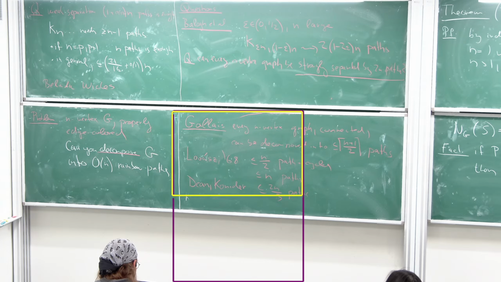But usually it's some function of the number of edges over some function of the number of vertices. In the original problem, n is the number of elements. Here, n is not the number of elements. So it makes sense to maybe put in the number of edges, which is the number of elements that you're trying to separate. But I don't know how much you get out of it.